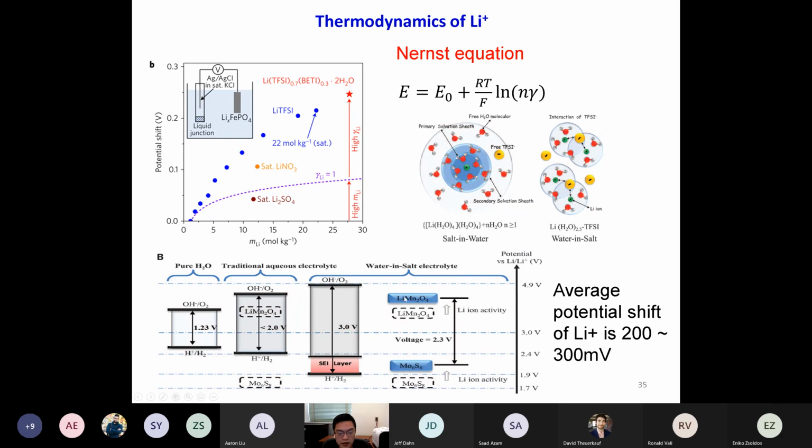But the downside is some high voltage cathode is also being lifted up, so you cannot use the cathode with the reactive potential very close to the upper limit.